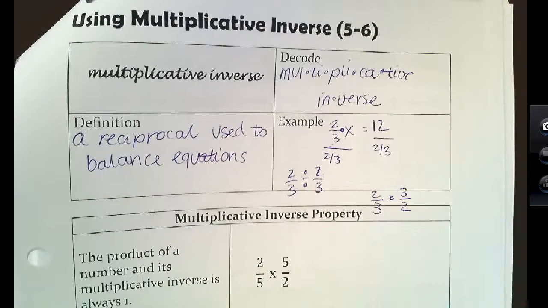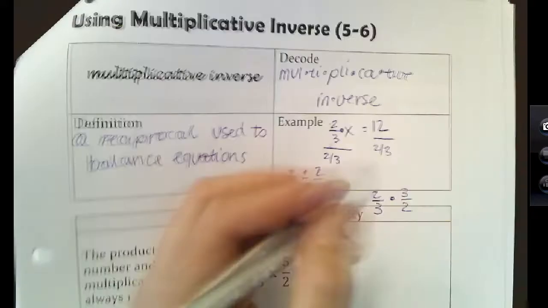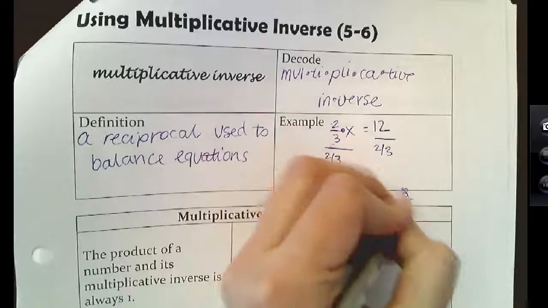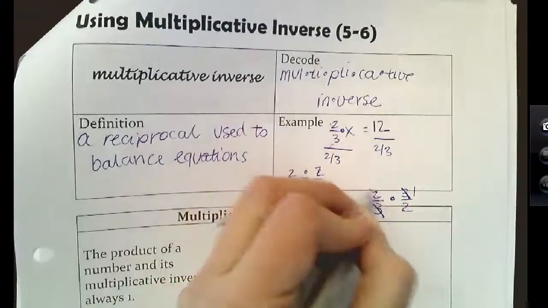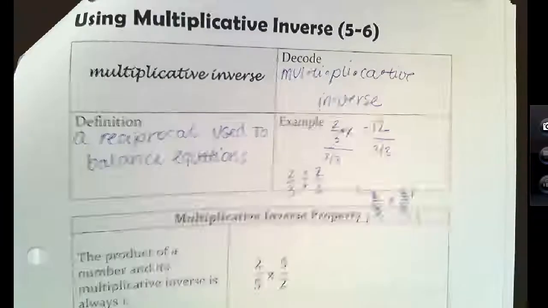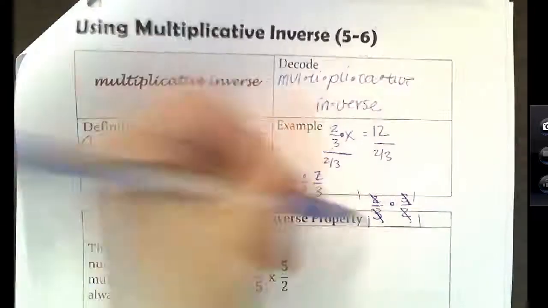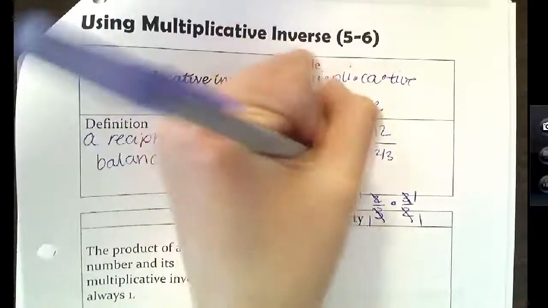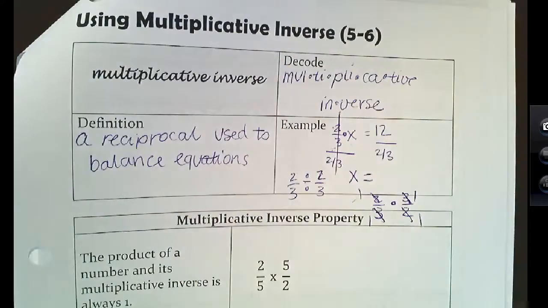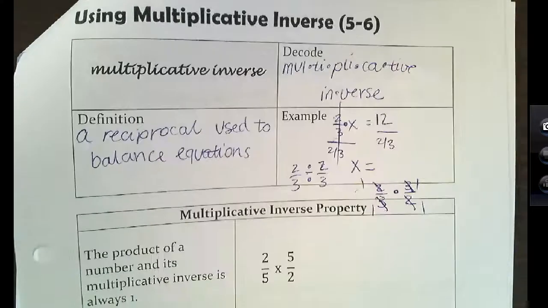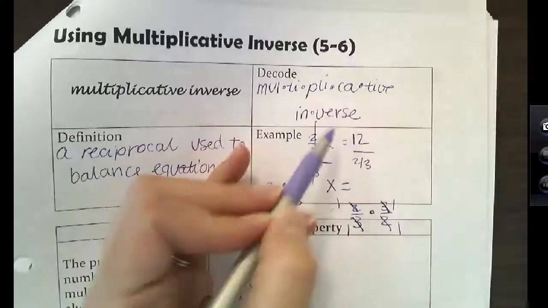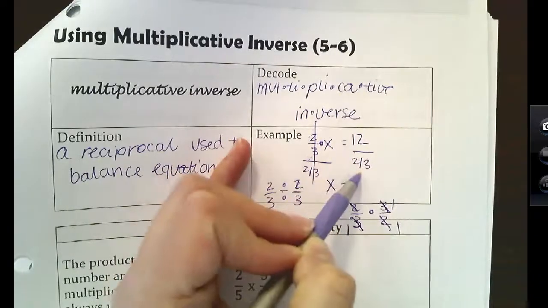What's going to happen? It's just going to be 1. 3 divided by 3 is 1. 2 divided by 2 is 1. So that all cancels, and the only thing left on the left side is x. And then on the right side, again, I have 12 divided by 2/3.